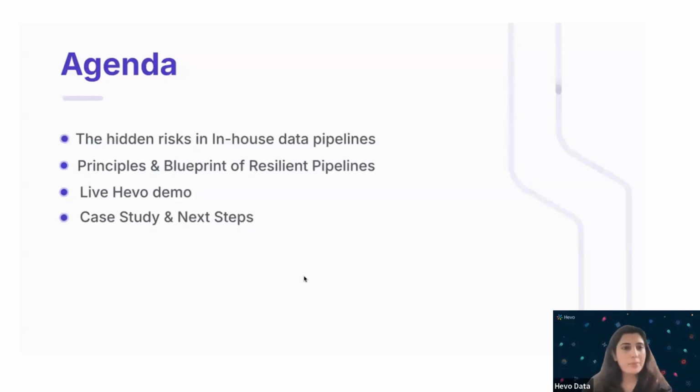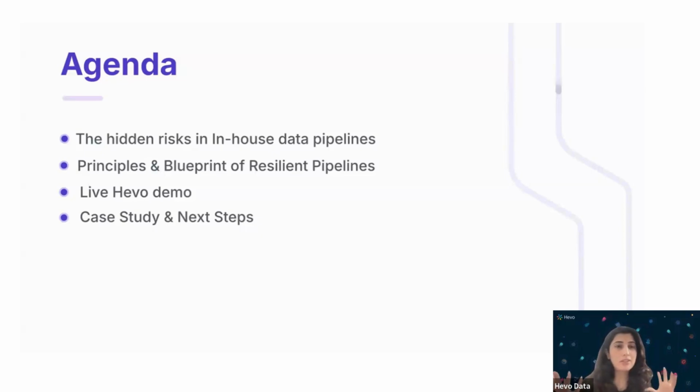Moving on to the agenda bit, we'll go in a bit of brief here. So first, we'll talk about what are the hidden risks of in-house data pipelines and why you should have a cloud data pipeline, or why you should have a third-party pipeline where you can build resilient pipelines.